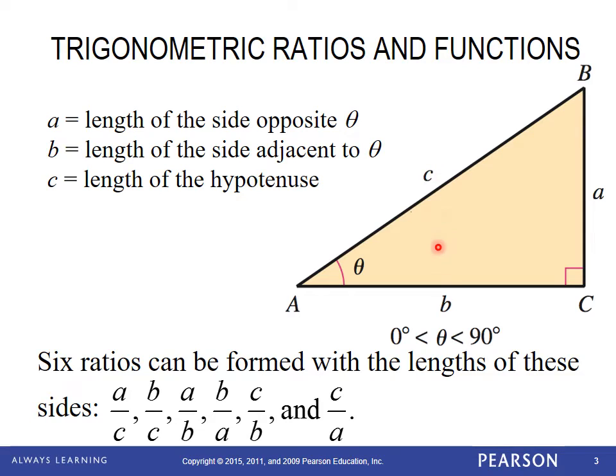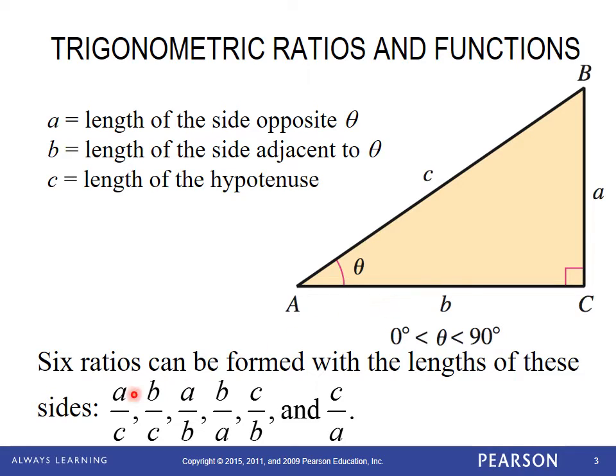And so he said, I can really make 6 different ratios here. I can look at the opposite side divided by the hypotenuse. I can take a look at the adjacent side divided by the hypotenuse. I can also look at the opposite side divided by the adjacent side, and then I can take a look at all their reciprocals.